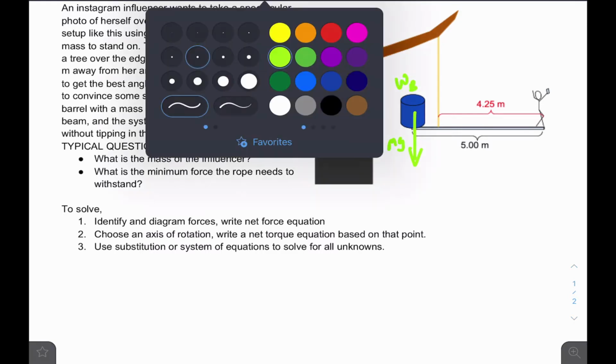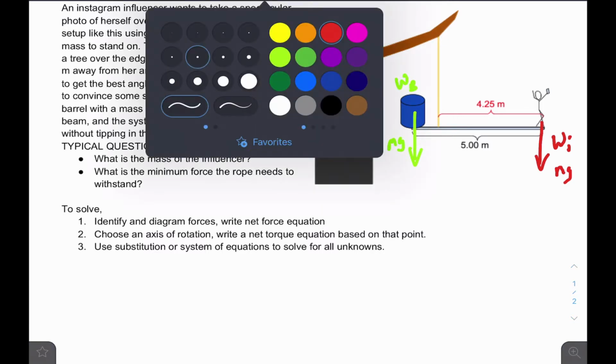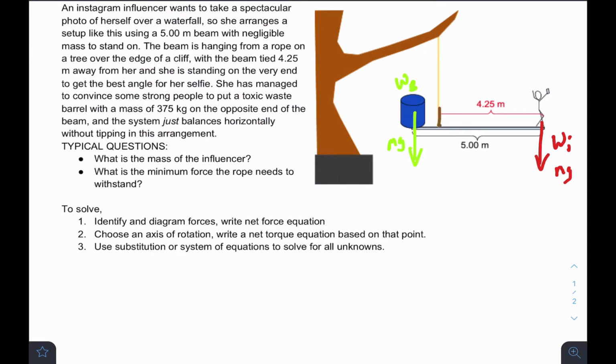And then we have the weight of the influencer, Wi, and that's a mg as well. And then those are both downward. Then we have a force upward, and that's a force of tension on the rope. So we have three forces acting on this.